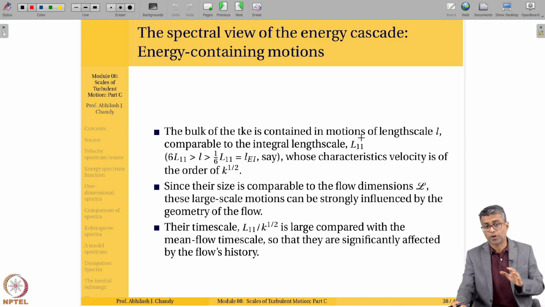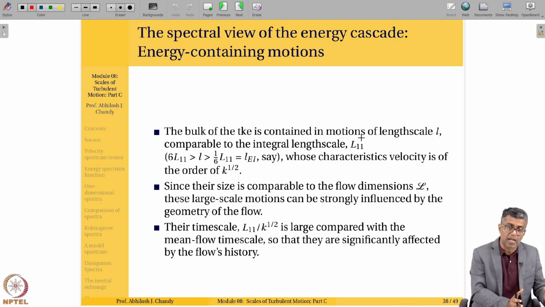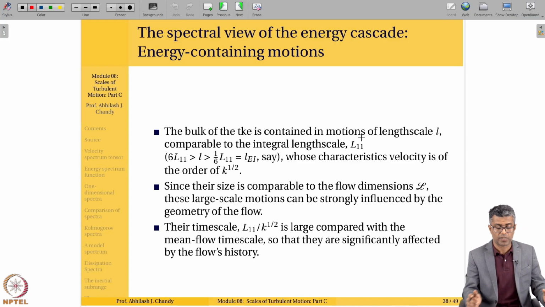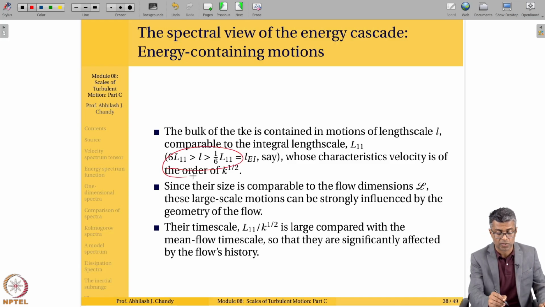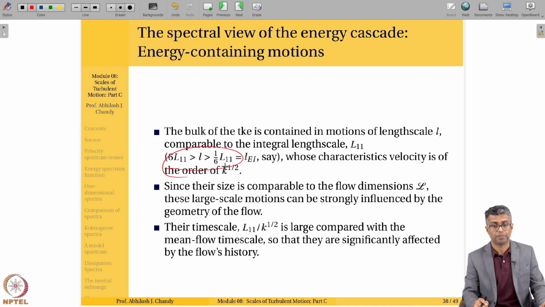Now, a couple of points before we start to discuss this more specifically. The bulk of the TKE is contained in motions of length scale between 1/6 L11 and 6 L11, isn't it? We discussed that in the last class itself, and that is how we get our energy demarcation length scale of 1/6 L11.